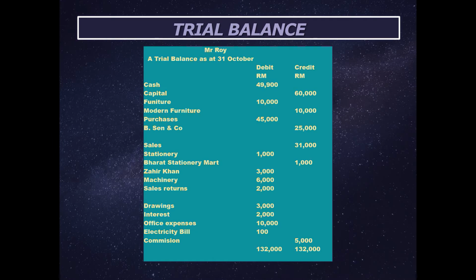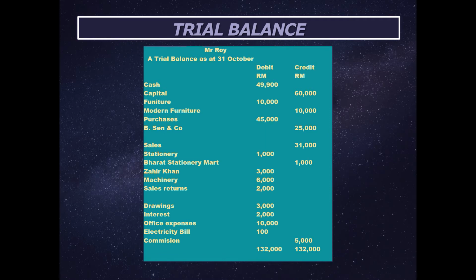I will continue with the trial balance. The trial balance is made to ensure that the debits equal the credits in the chart of accounts. Before we start the trial balance, we need to make sure that every ledger account is balanced. The difference between the sum of all the debit entries and the sum of the credit entries provides the balance.